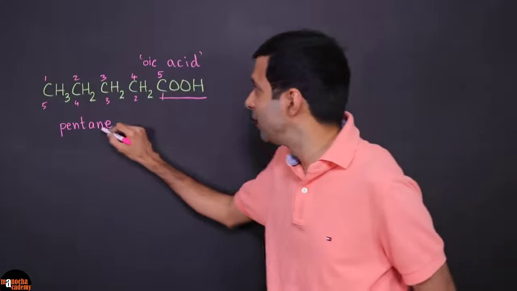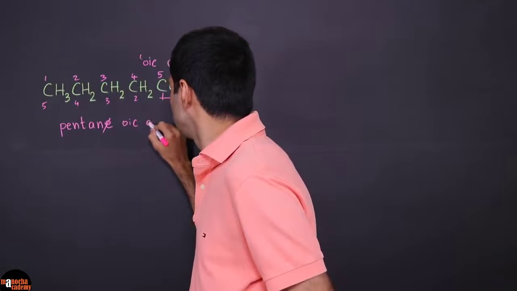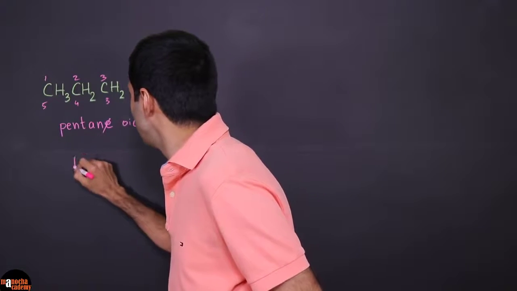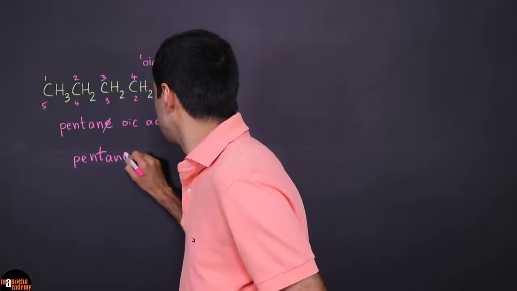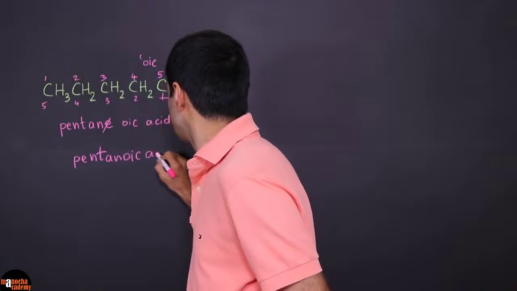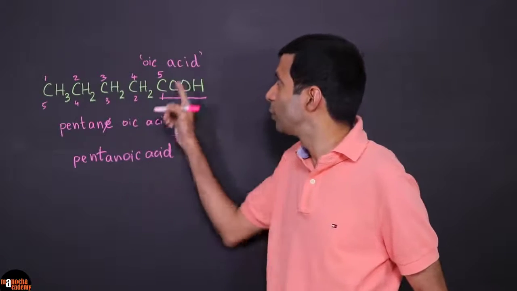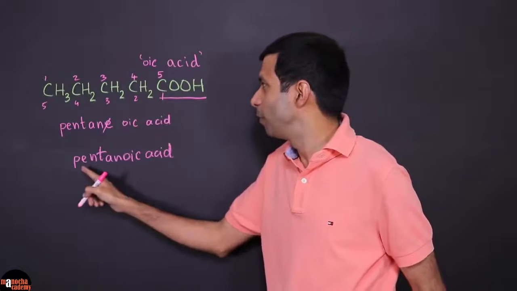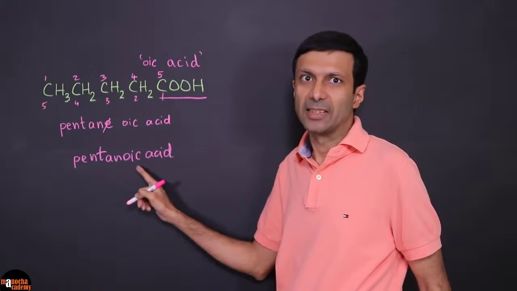So we are going to delete the E and add oic acid here. So what is the name of this compound? It's going to be pentanoic acid. Right? And we don't have to give the position of this functional group because it's at position 1. So it's pentan-1-oic acid or simply pentanoic acid.